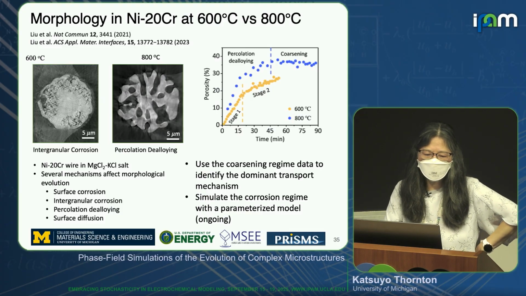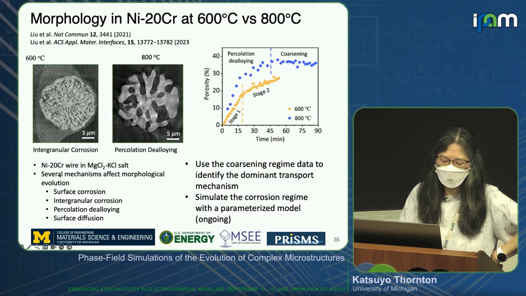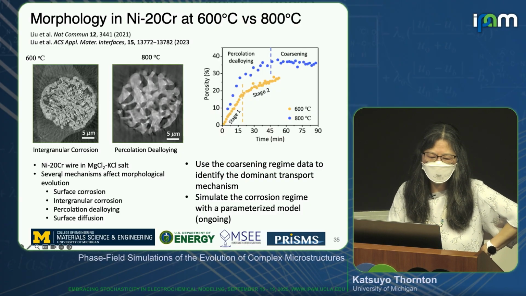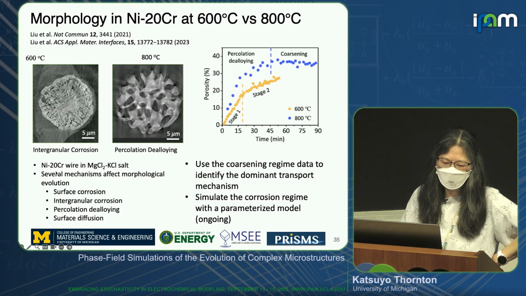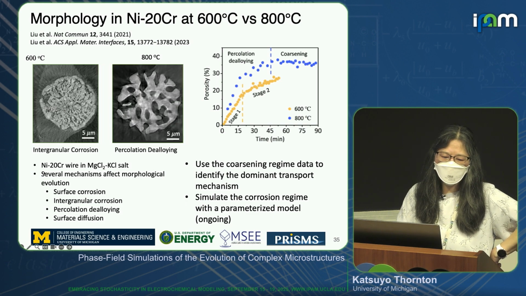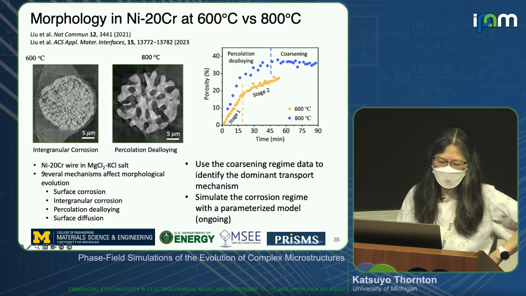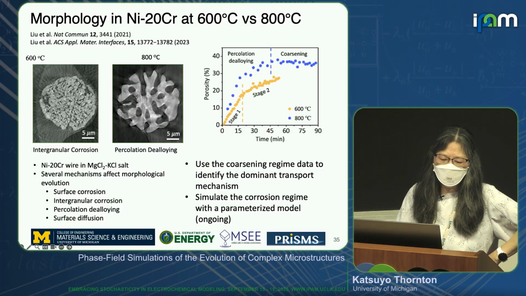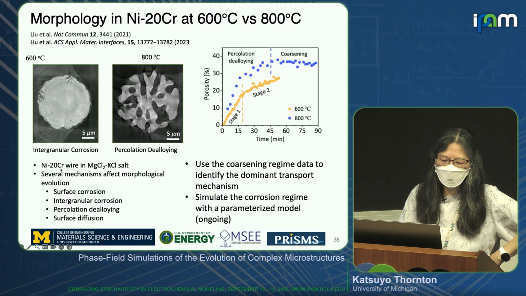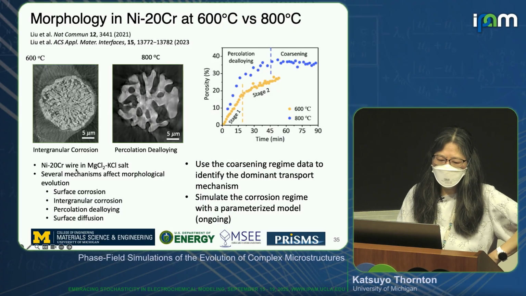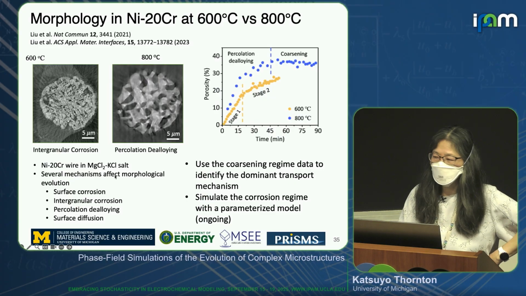So my collaborator at Stony Brook University and Brookhaven National Lab, Karen Chen-Wiegart that I mentioned earlier, and her group have been studying nickel-chromium wire put in the molten salt.